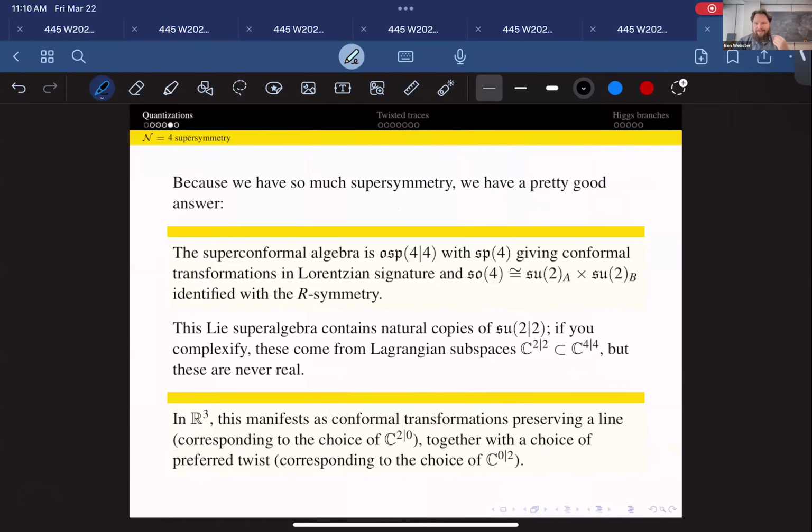But on the other hand, supersymmetry kind of rides to the rescue. Things can be saved and I can get some interesting information. So because I'm in 3D and I have N=4 supersymmetry, I get this very interesting picture that I'm still processing, because I was reading papers about this to prepare for this talk and realized somehow this was a little different from how I thought about things.